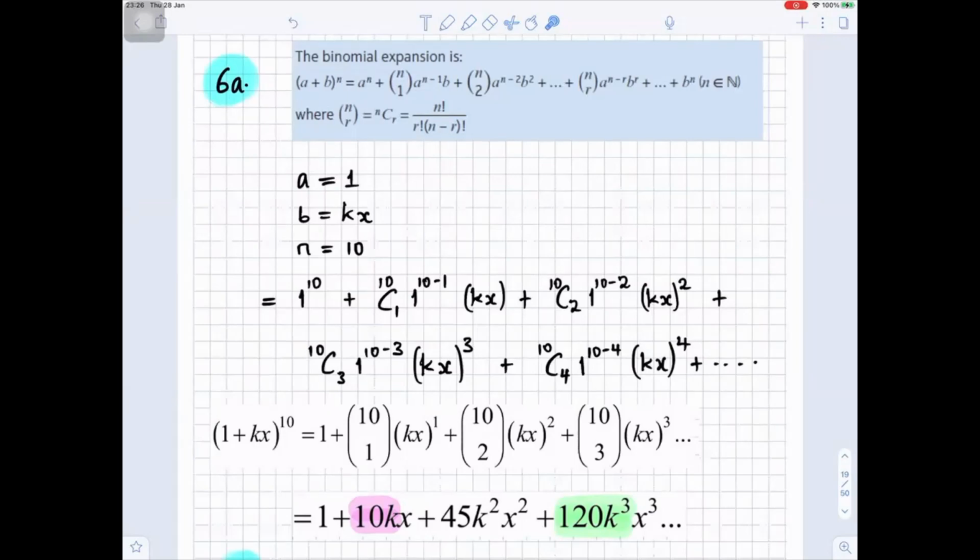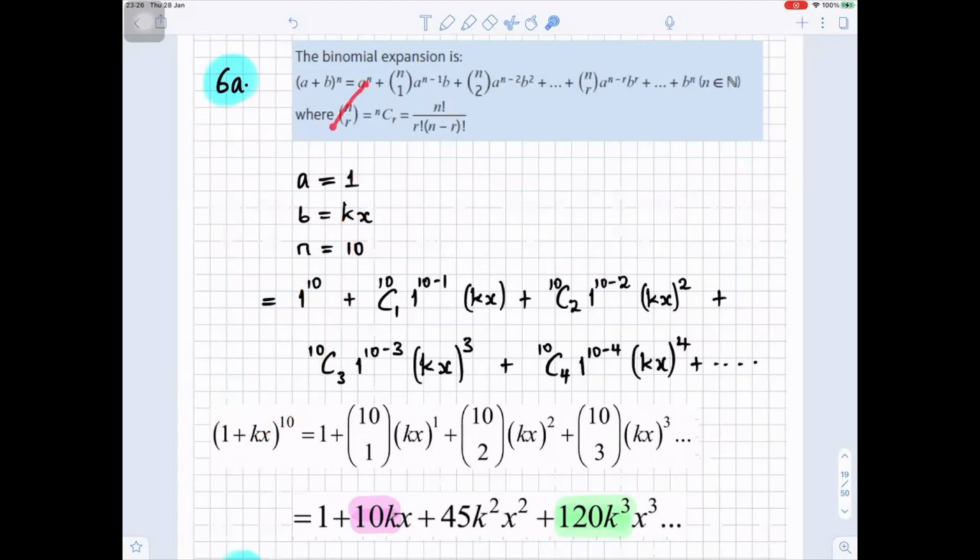So we notice that A is 1, B is kx, and n is 10.